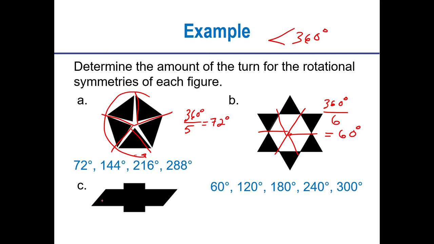For figure C, there appears to be only one way I can rotate this, and that's 180 degrees around to get exactly the same image. So we only have 1 degree of rotation, 180 degrees.